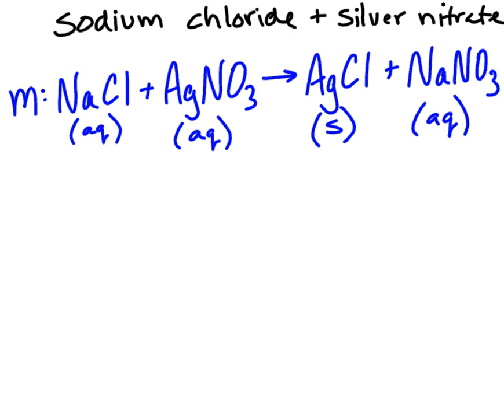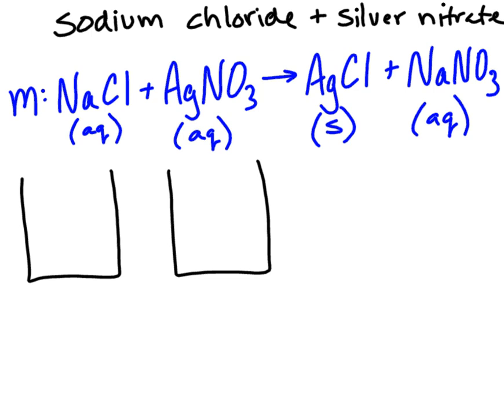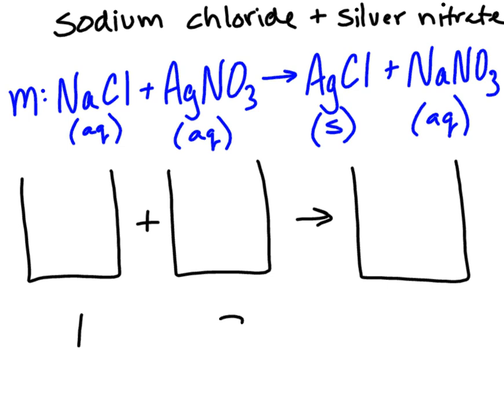Just as a refresher, if I had a beaker here and a beaker here, and let's say they were added together. So beaker 1, beaker 2, and then beaker 3. Let's say I poured beaker 1 and beaker 2 into beaker 3. In beaker 1, I'm going to have some sodium ions and some chloride ions.